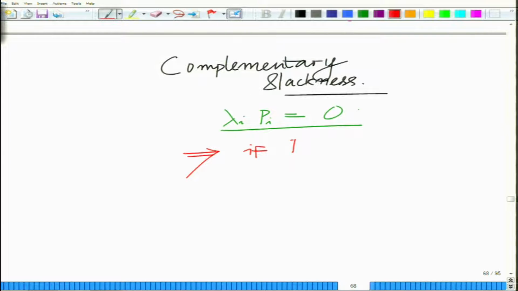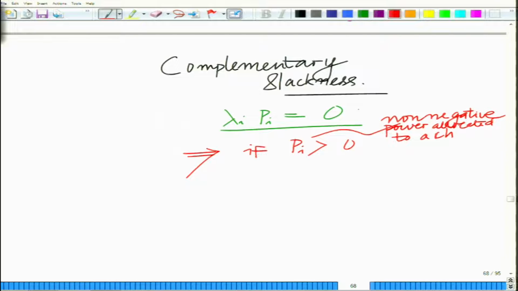If Pi is greater than 0, that is, non-negative power is allocated to a channel, then lambda i equals 0, because lambda i Pi has to be 0.